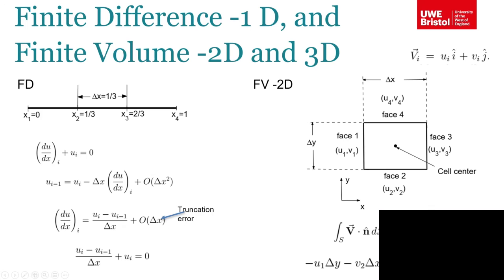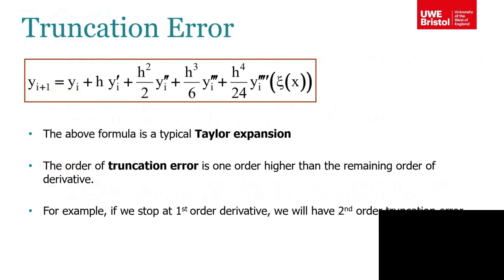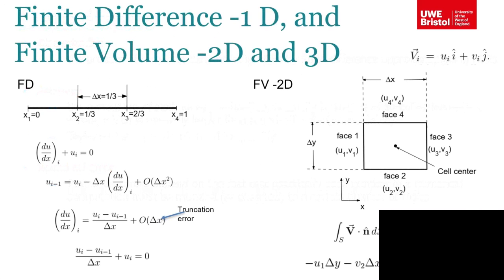So when you integrate over the volume, you could say u1 delta y minus v2 delta x, so that is what is going out, plus u3 delta y plus v4 delta x would be equal to 0, so that is, what is coming in should go out. So you can have a similar scheme for three-dimensional as well. Yes. So in that case, you will have a z direction.